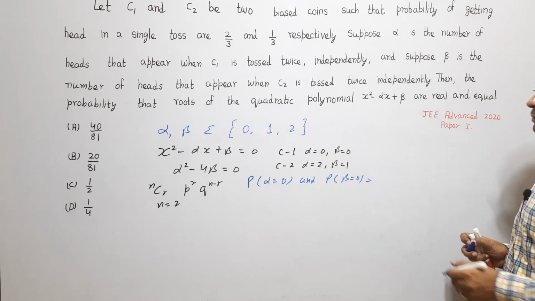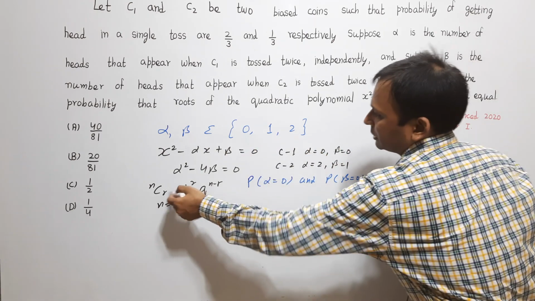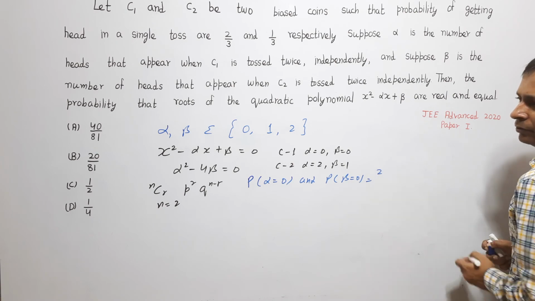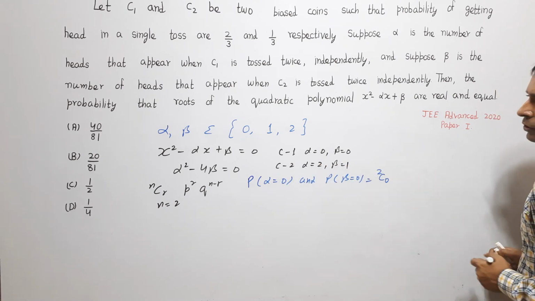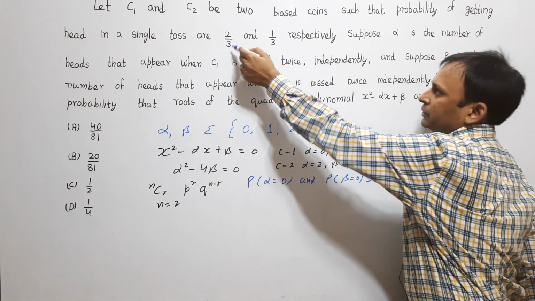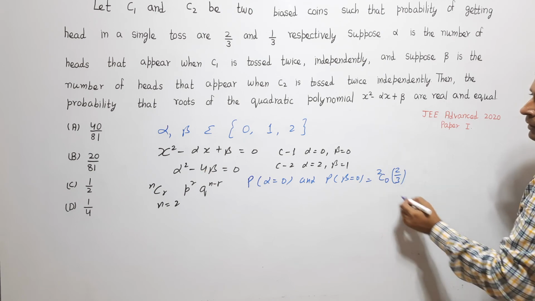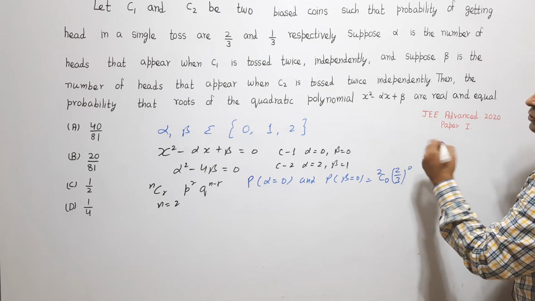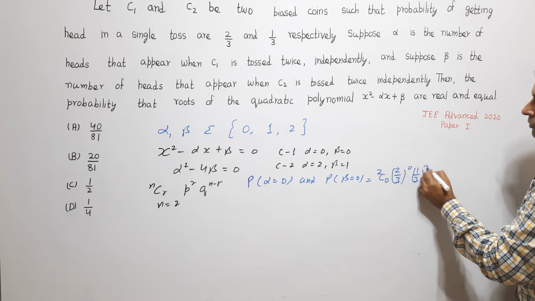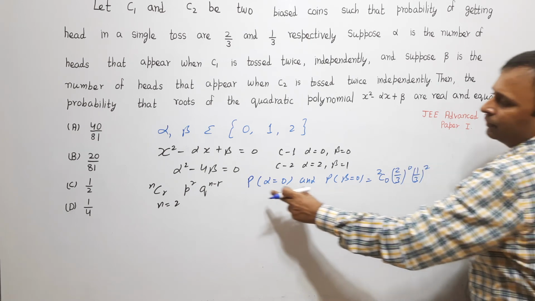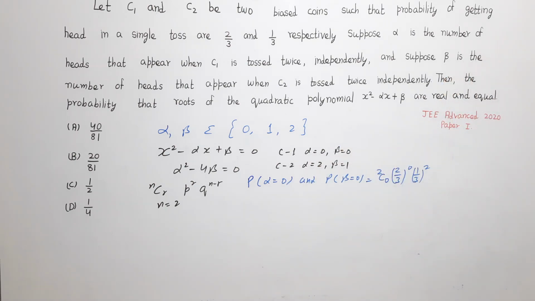The probability that alpha is equal to 0, here n is equal to 2 and r is equal to 0, so it is 2c0. The value of p for the first coin is 2 by 3, so 2 by 3 raised to the power r, which is 0 in this case, and q, which is 1 by 3, raised to the power 2 minus 0, which is 2. This is the probability that alpha is equal to 0.